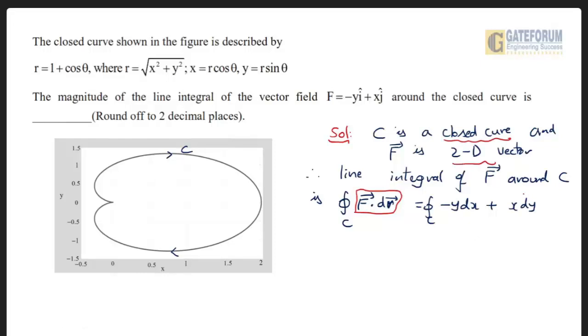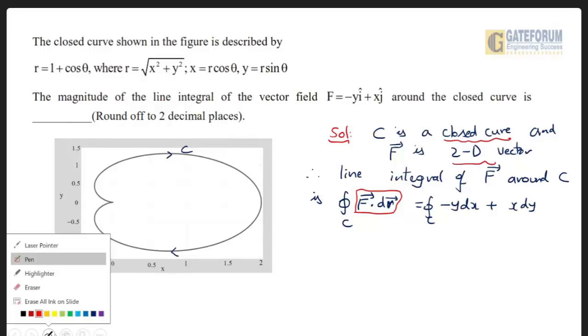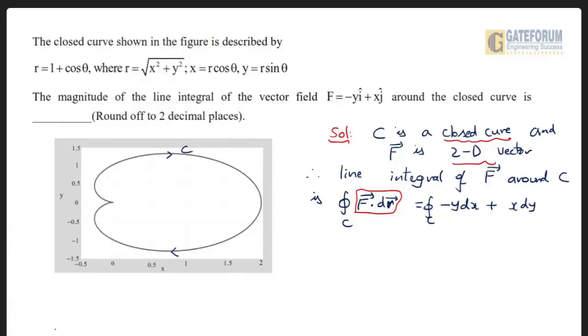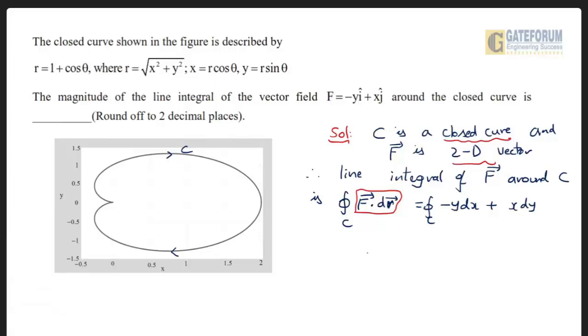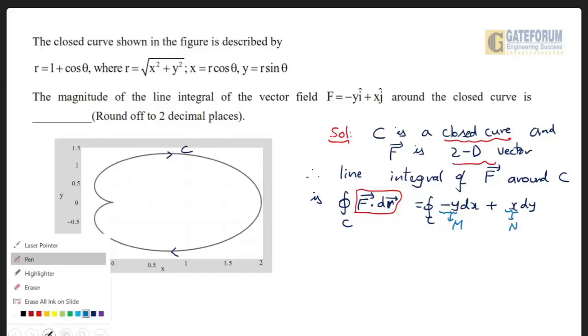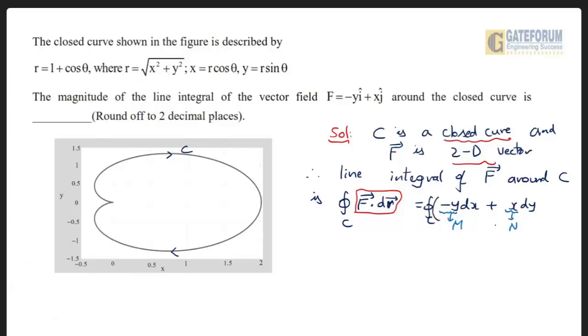Now I am going to apply Green's theorem. Why? Because this is a closed curve. It looks like m into dx plus n into dy. Am I correct or not? So Green's theorem, what is that?